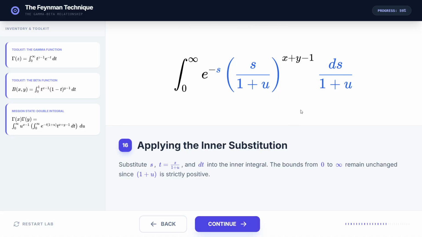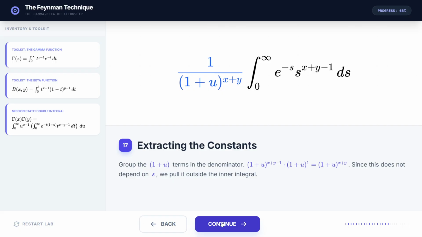So plugging all that stuff back in, and now we just have this integral. All right, and the bounds of integration remain unchanged. Let's see what happens in the next step.